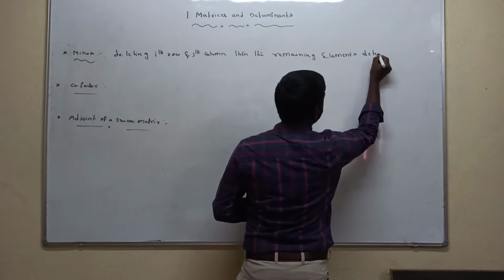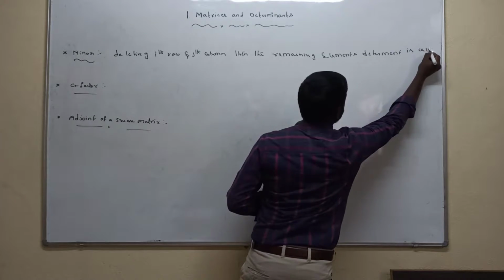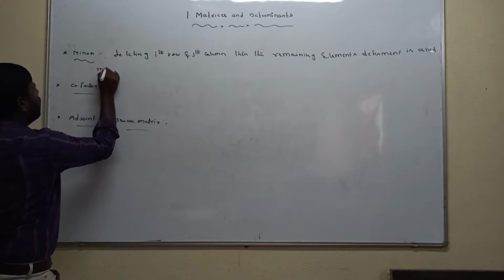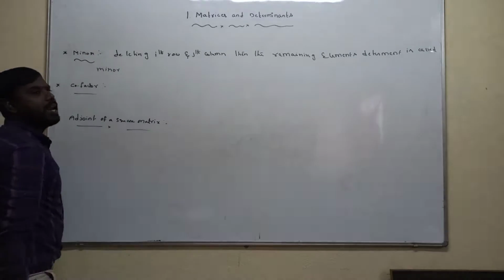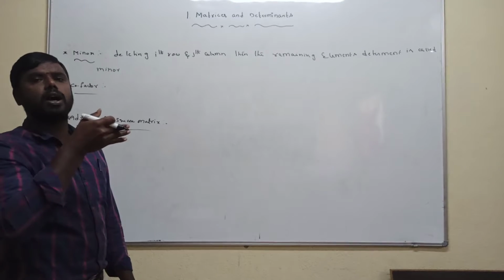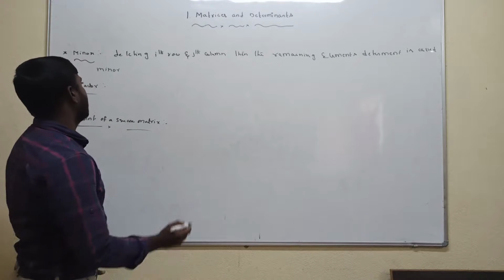Minor is nothing but deleting the ith row and jth column, then the determinant of the remaining elements is called the minor.